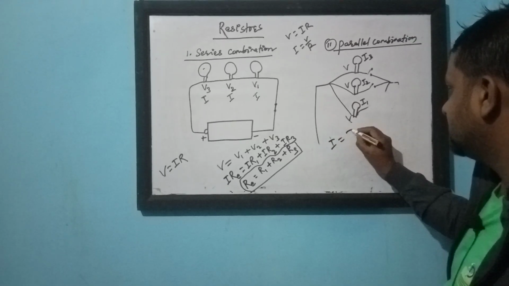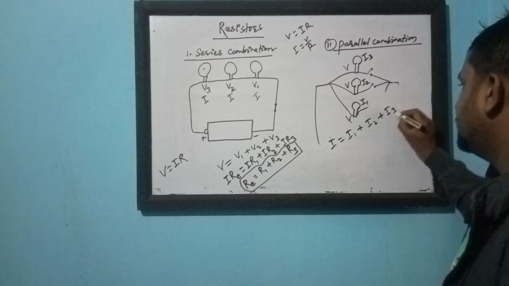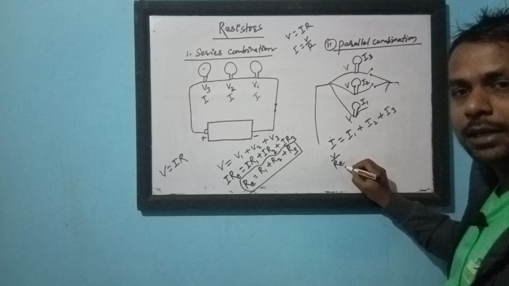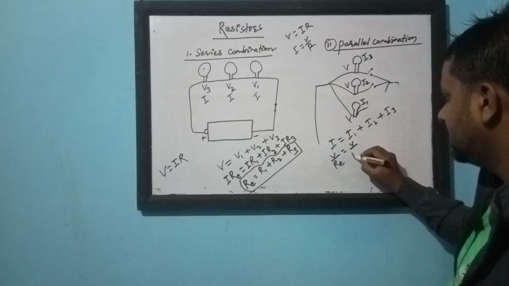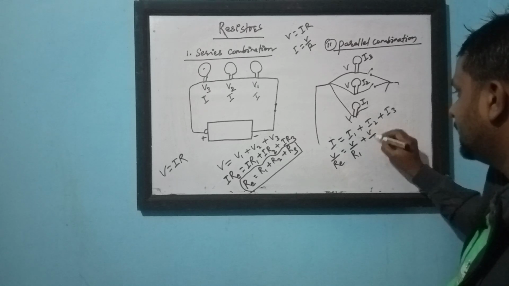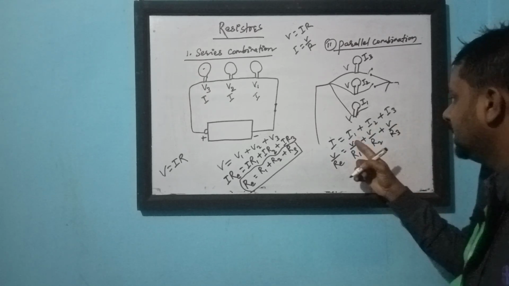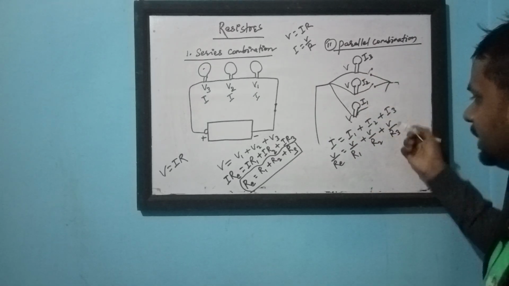I is equal to I1 plus I2 plus I3, that is V by RE, where RE indicates equivalent resistance. This is V by R1 plus V by R2 plus V by R3. Here V remains the same for all, so we are keeping V common.